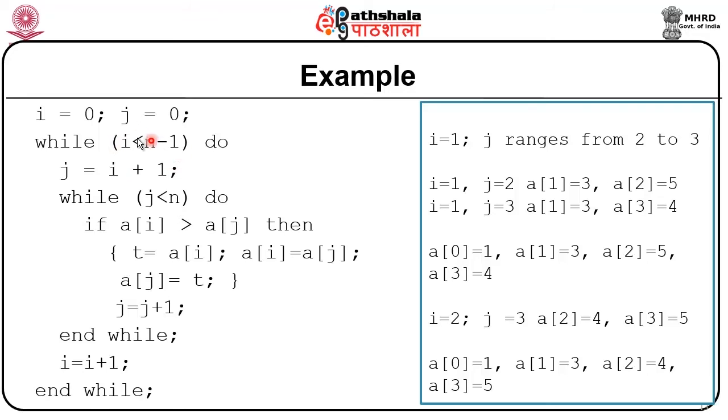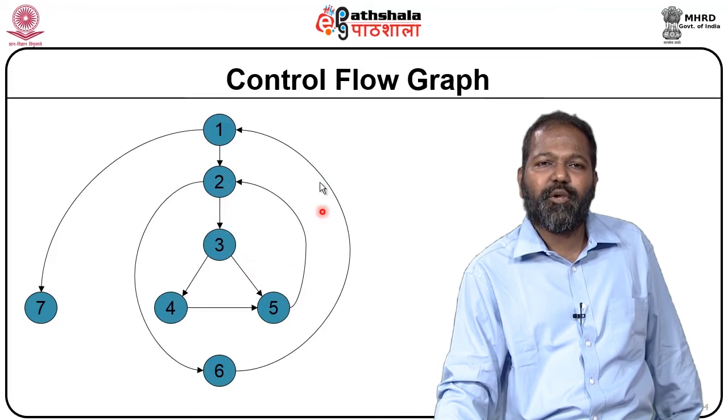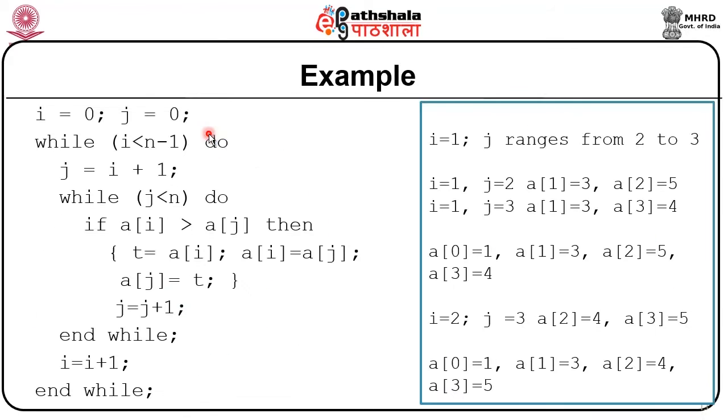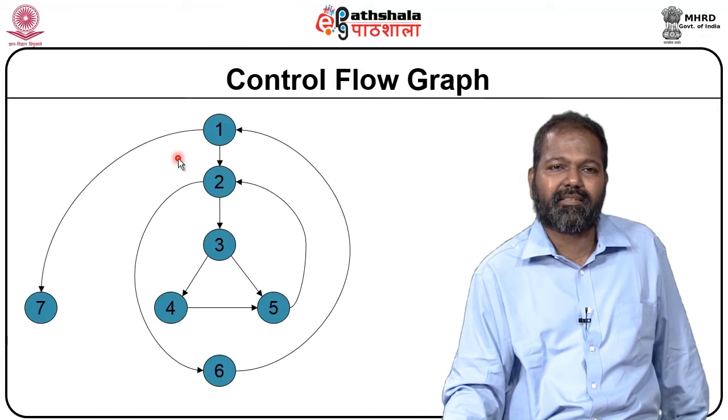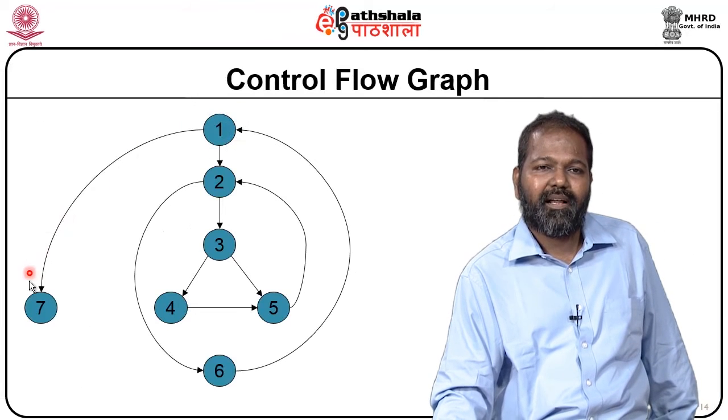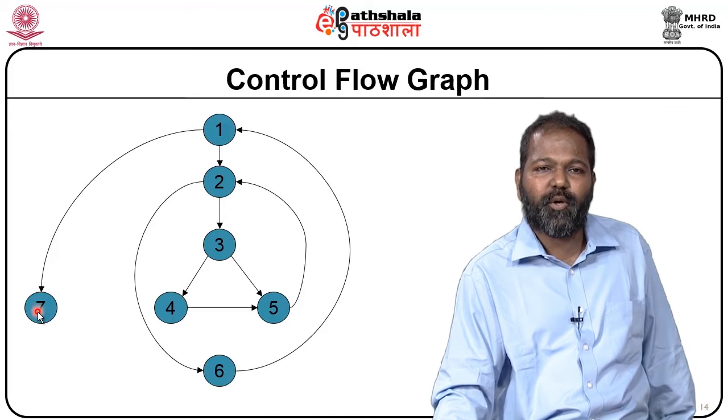When this condition is satisfied, again you set j, then you enter the body of the while loop. This is continued until the condition i less than n minus 1 is no longer satisfied. Once the termination condition is reached, you have a transition from node 1 to node 7.